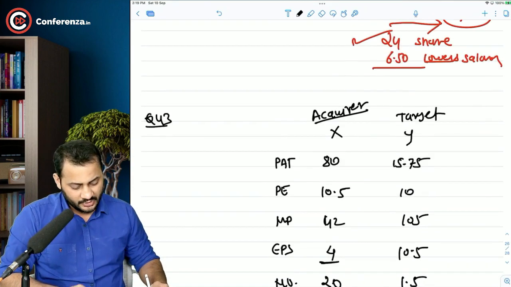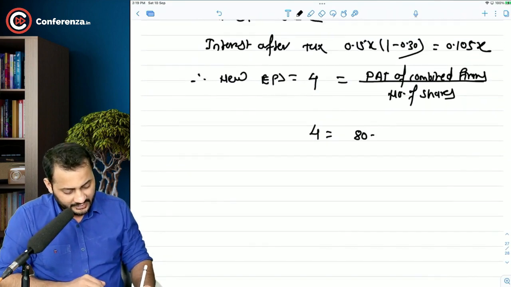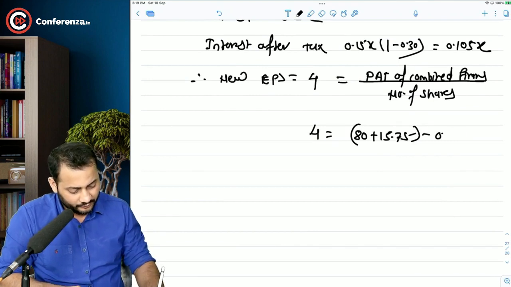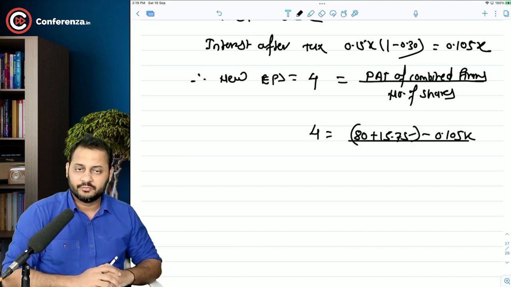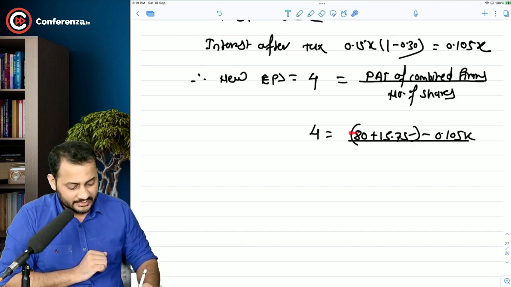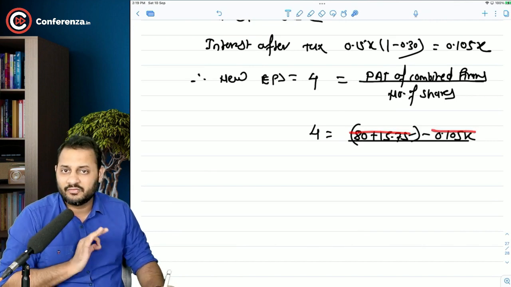The profit of both the companies, 80 plus 15.75, less the interest that we are going to pay. Obviously this time the interest will reduce the profit, and that is after tax. See, this is after-tax profit, so the interest I have taken is also after tax.